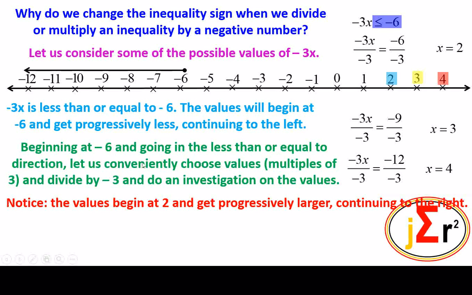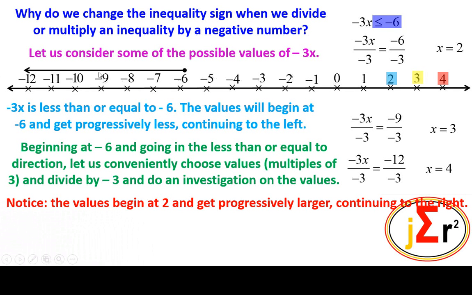Notice the values that are the result begin at 2 and get progressively larger, continuing to the right. Beginning with negative 6 the result is positive 2.